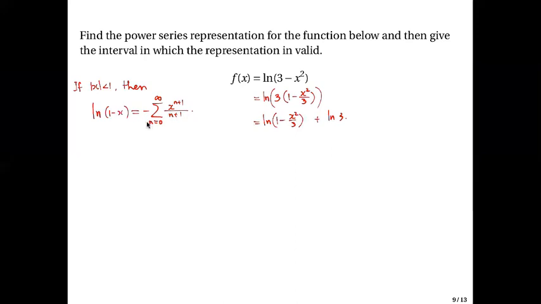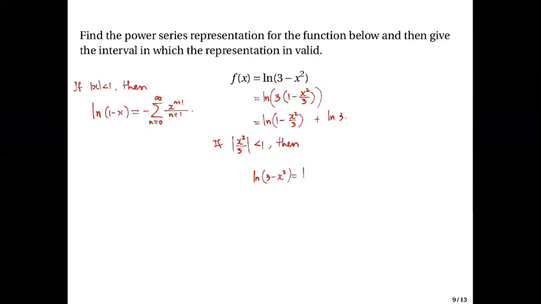So now, to apply this, we need this guy here to be less than 1 in absolute value. If the absolute value of x squared over 3 is less than 1, then we have here ln of 3 minus x squared.